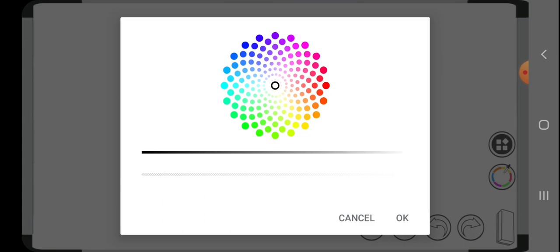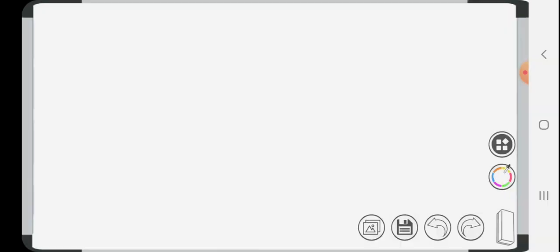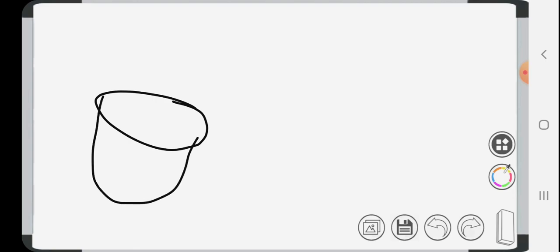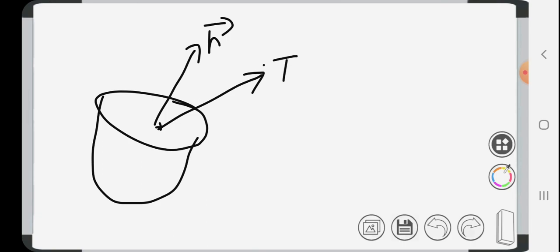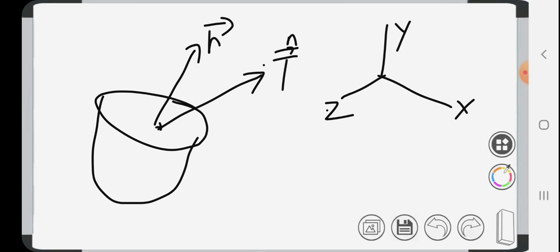So another method of resolving this: suppose I am having the same body with the same outward normal and the same stress vector Tn. Suppose this is our Cartesian coordinate system, like this is y, x, z.